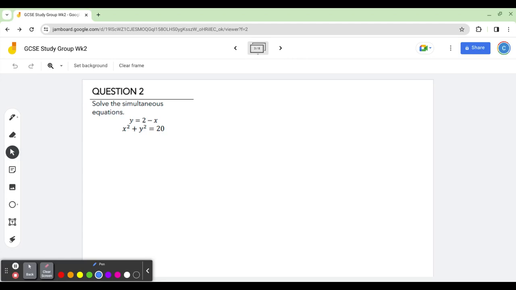Okay, we have a quadratic simultaneous equation with a linear and a non-linear, and the method is to substitute the linear into the non-linear. So I'm going to substitute y from the linear equation into this one here. So here we go. x squared plus 2 minus x squared equals 20.